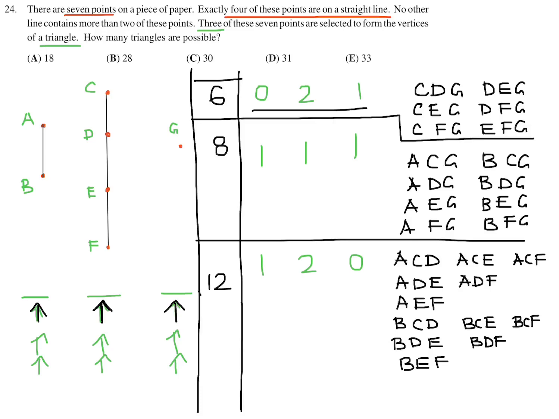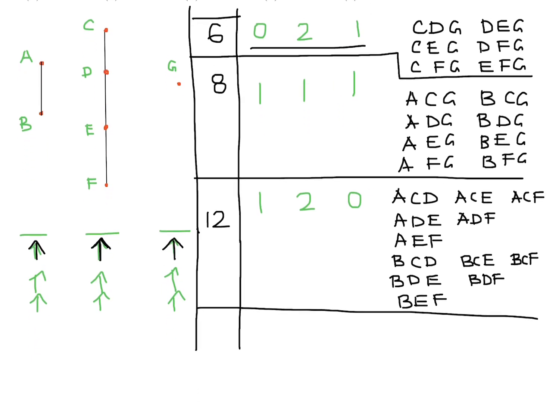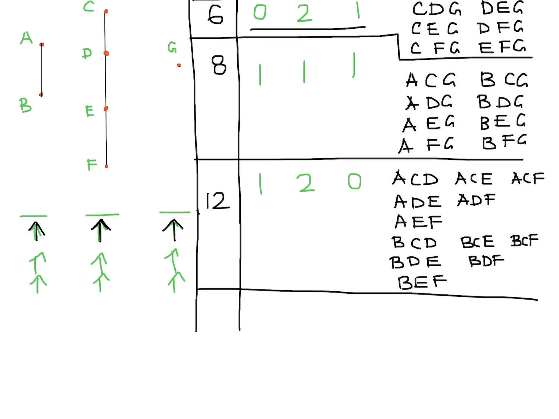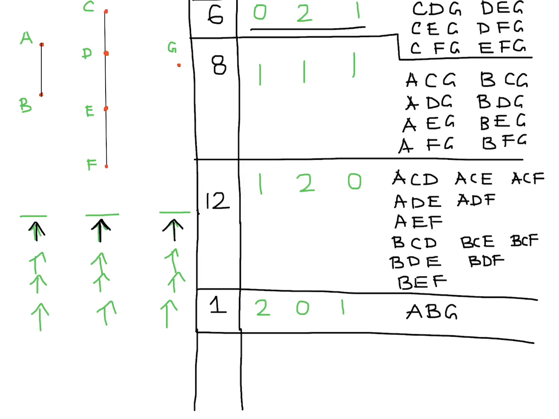All right. Moving right along. Our next scenario is 2 from this vertex, none from there, and 1 chosen from here. So that would give us the following triangle, A, B, G. That's the only one possible. So that's 1. And I believe we are at the very end of our question. The final scenario is 2 chosen from this area, 1 vertex from here, and 0 from there.